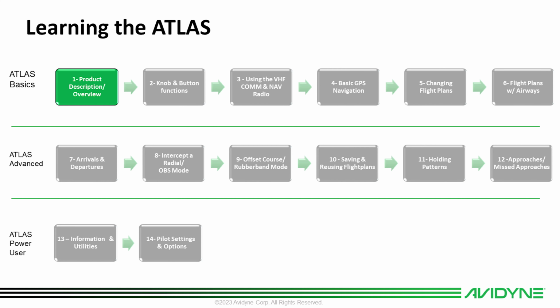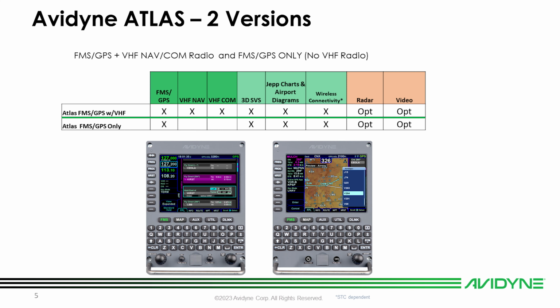So first up, we're talking about the product description and overview of the Atlas. What is Atlas? First of all, Avidyne has developed two different versions of the Atlas. One is an FMS GPS with VHF Navcom integrated all into one box. And then we also have an FMS GPS only version, where if you're keeping your existing radios, you only want to replace the FMS.